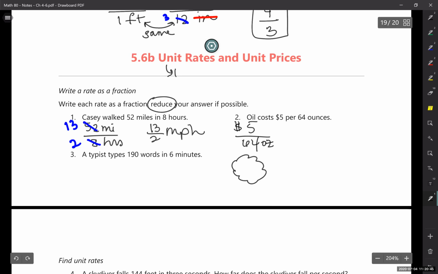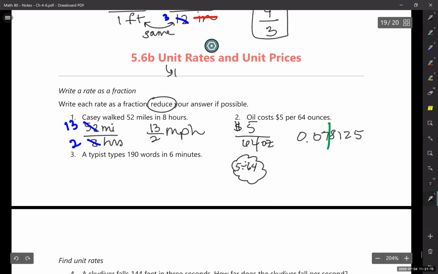It's actually a little calculator bubble because you want to do this on your calculator. 5 divided by 64, and we get a yucky number. 0.078125. That came from the calculator, but since we're talking about money, we always want to cut it off right here. Let me get a different color. Cut it off right there.